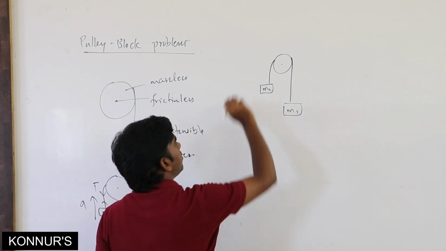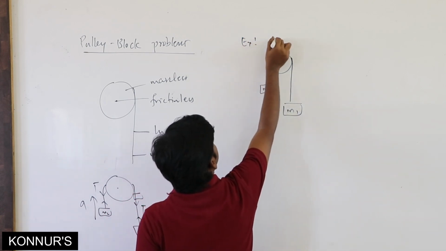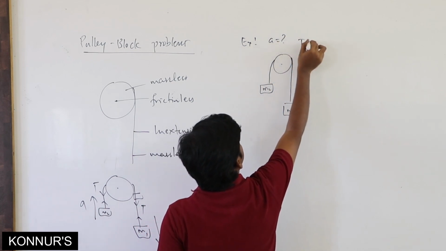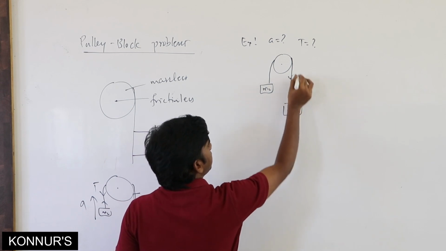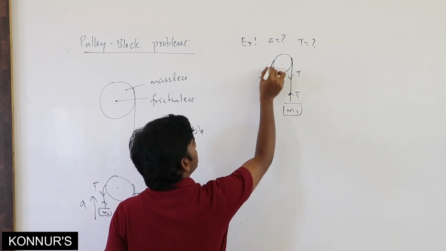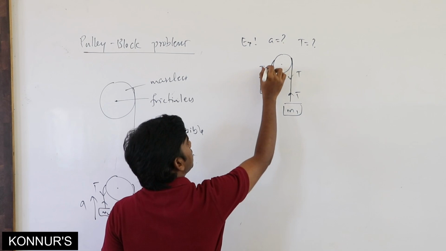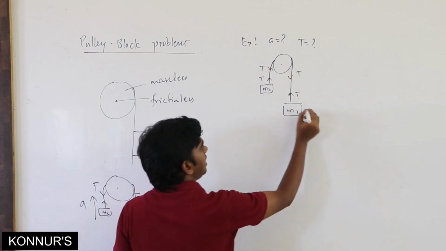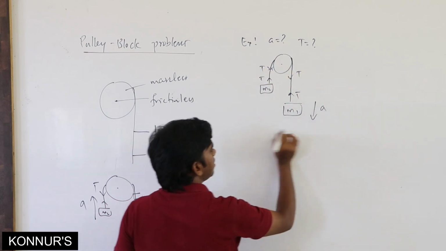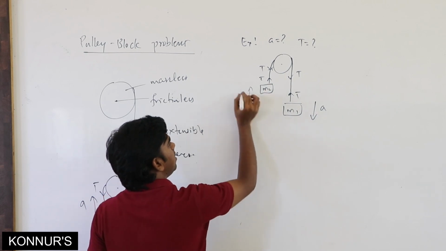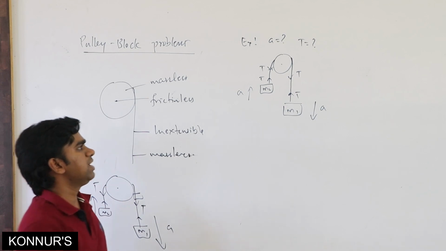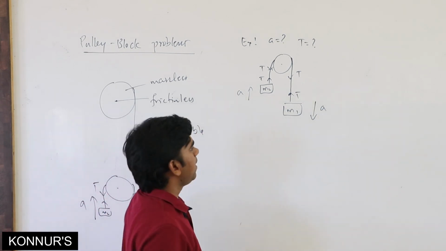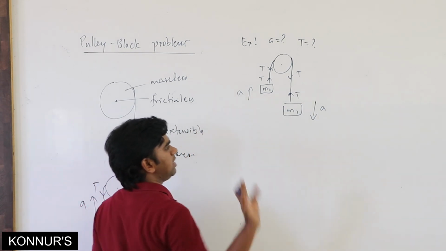If they ask you to find the acceleration and tension, what do you have to do? First write the tension, which is the same on both sides. The acceleration direction here is downward, and here it is upward. Obviously if one is downward, the other is going to be upward, or you can change it and you will get a different sign, that is not a problem.